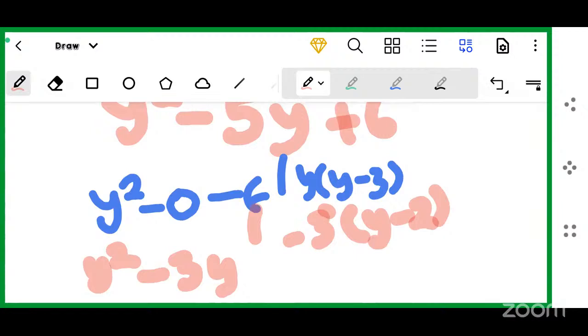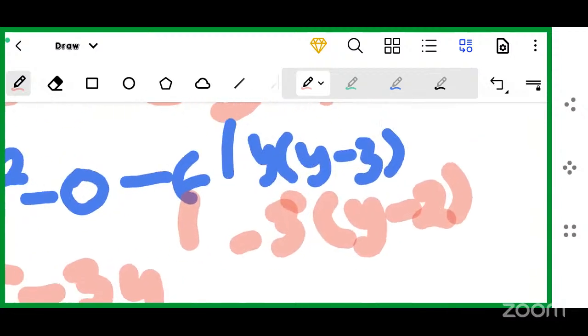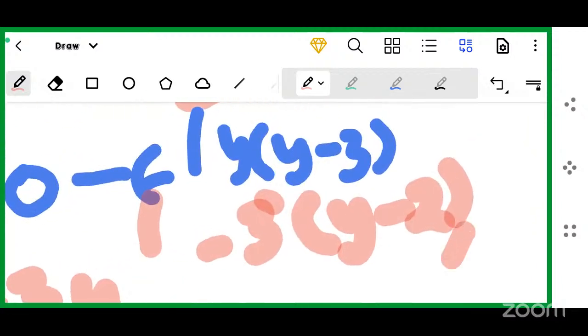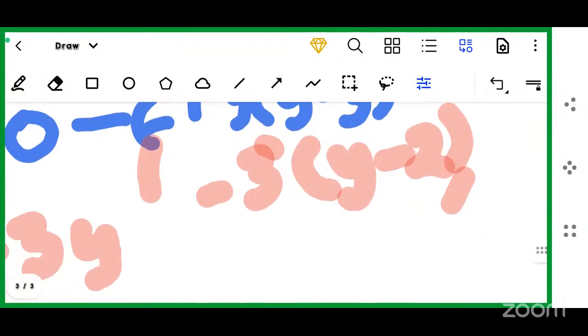And then for the orange, I wrote 3y minus 6.